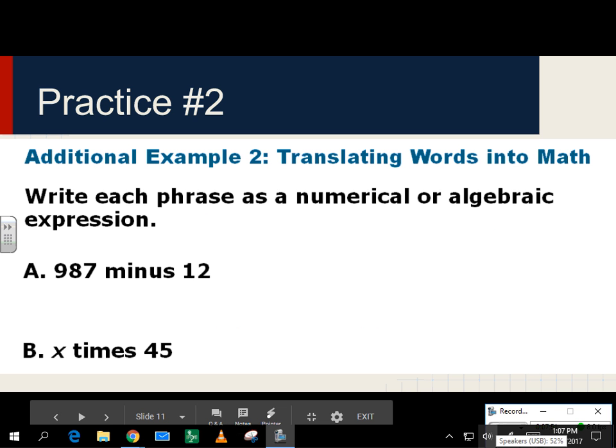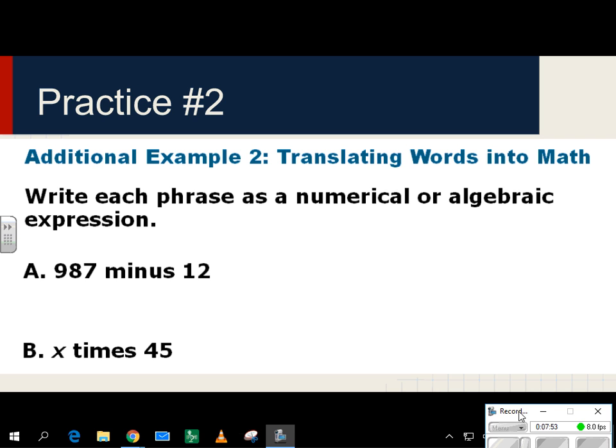All right, so here I'm going to be wanting you to copy down this practice. Writing all those tables is going to be helpful to you. It's going to be a great resource. So using those tables, if you see the word minus and it says 987 minus 12, you know which way to write that proper expression. This is a numerical expression because there's no variable.